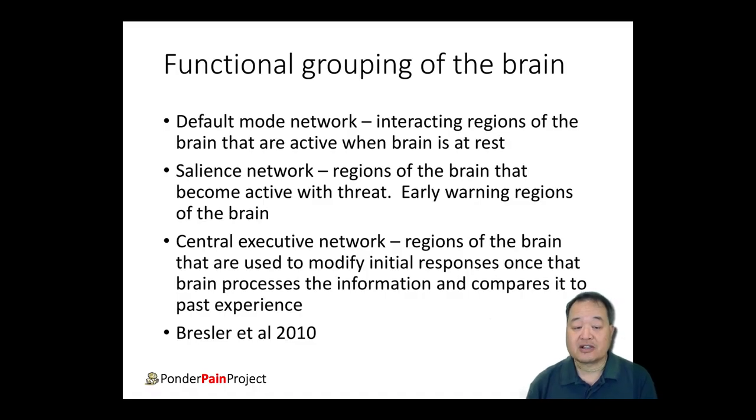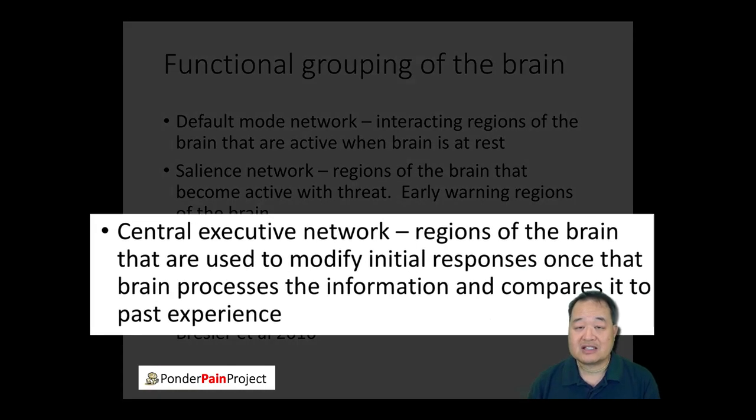So beyond the salience network, you start to get the activation of the central executive network. The central executive network is usually areas located more in the forward parts of our brain. They're responsible for taking this initial first response and saying, okay, we've gotten all our systems alerted. Let's figure out how we have to modify this.